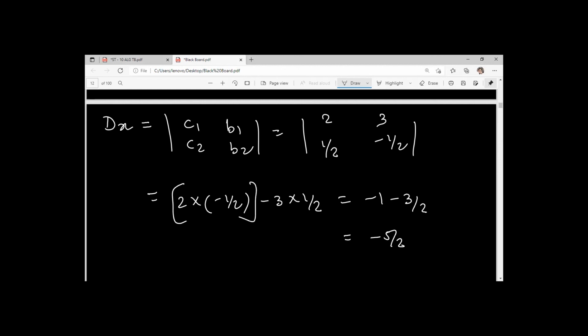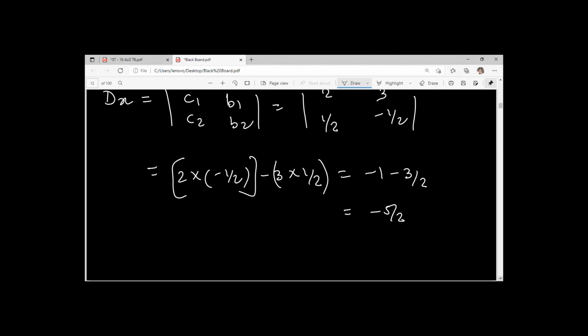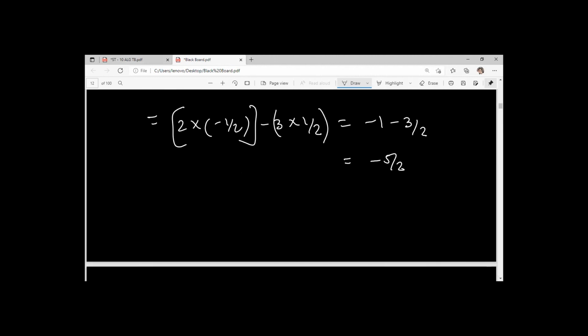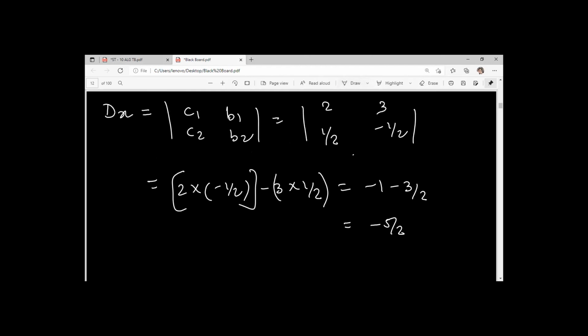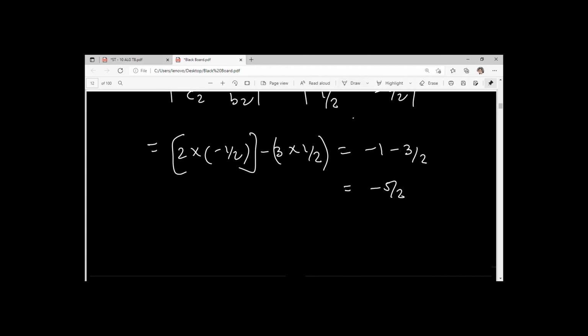Use the brackets if you are confused. अभी समझेगा. तो d क्या मिला आपने को फिलहाल? dx we got, it is minus 5 by 2. Let's go for dy now.